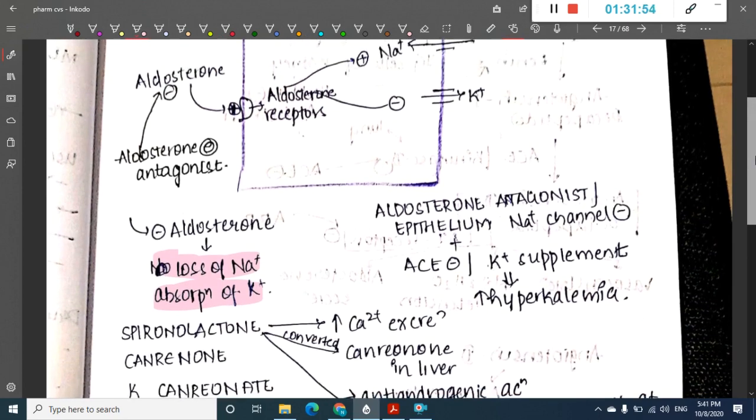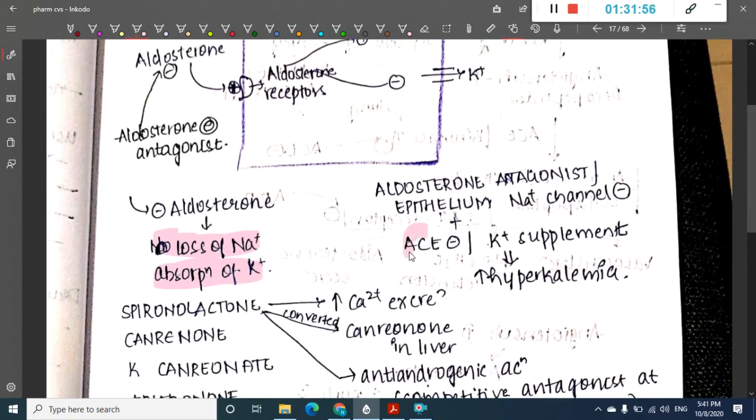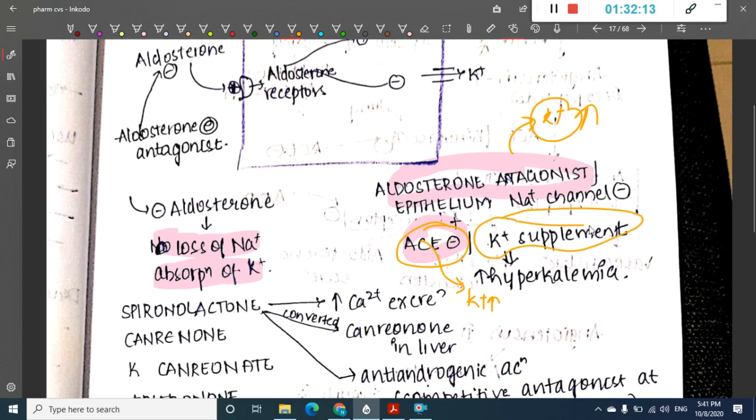When you give aldosterone antagonists with ACE inhibitors, see, the aldosterone antagonist by itself causes absorption of potassium, and because of that it increases potassium in the blood, causing hyperkalemia, whereas ACE inhibitors also cause hyperkalemia. Whenever you give potassium supplements, obviously you are giving potassium to the blood by IV or oral route.